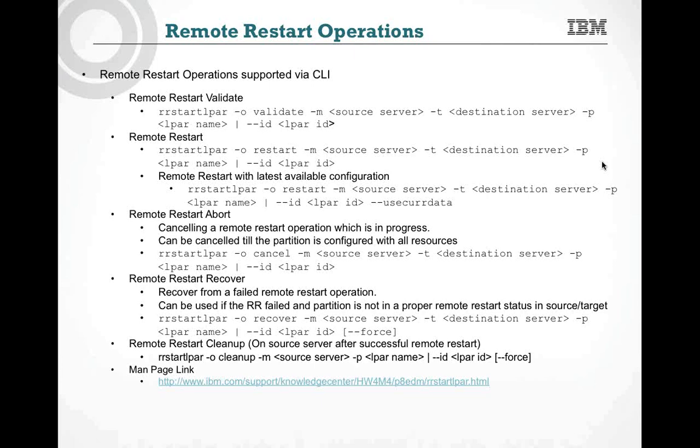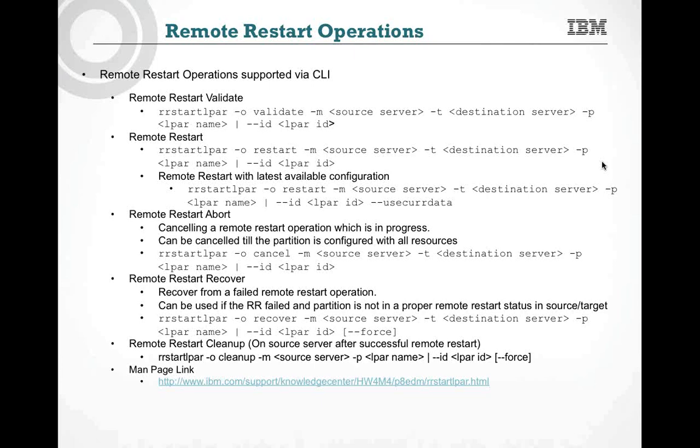So the two different validates are only different in like two steps: remote restart checks both even and odd on the destination, and LPM only checks the odd on the destination. And remote restart also checks that you have the right remote restart status. If you know Nigel Griffiths, this is the way he does it too.